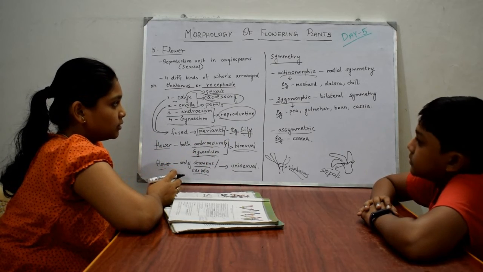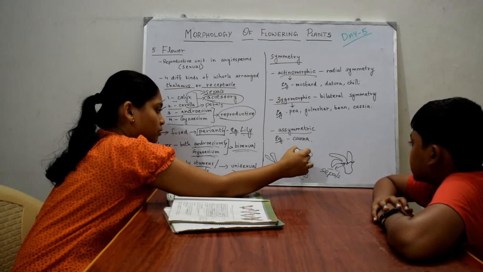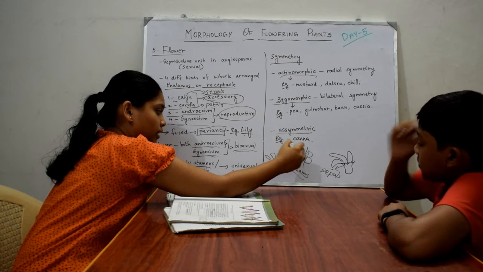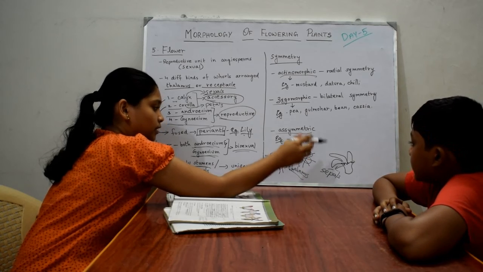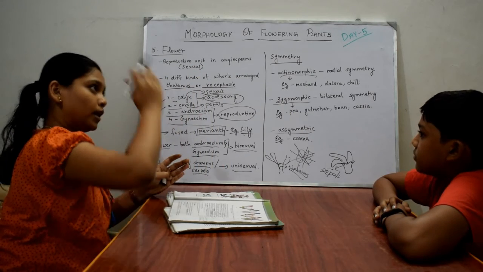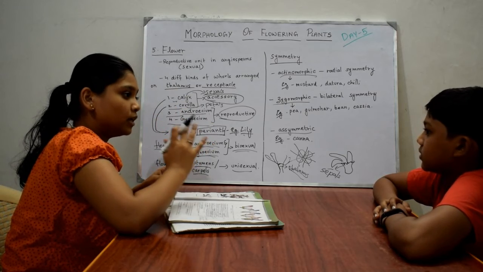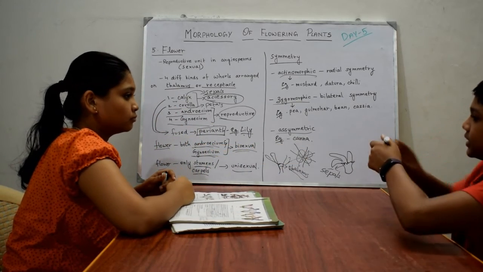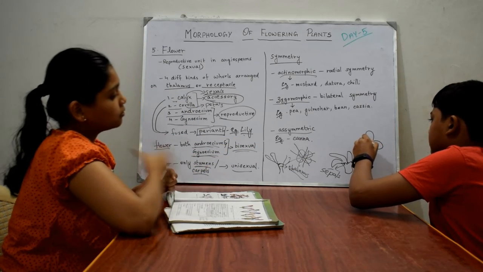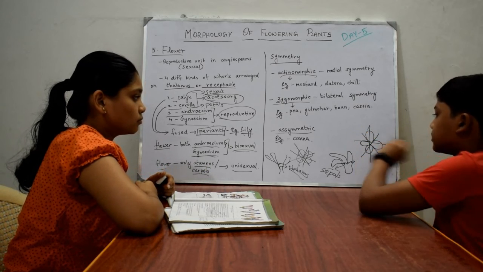Radial symmetry means, if this is a flower, if you place any plane going radially from anywhere, it separates the flower into the same right and left parts. If you pass a plane in any direction, the divided parts will be equal in structure, like 6 or 4 petals.